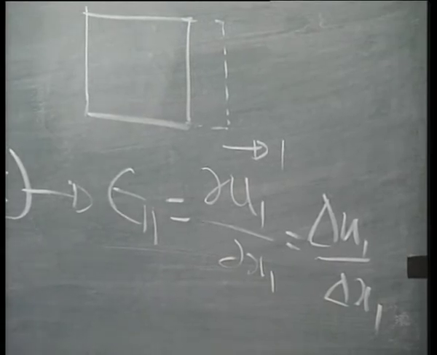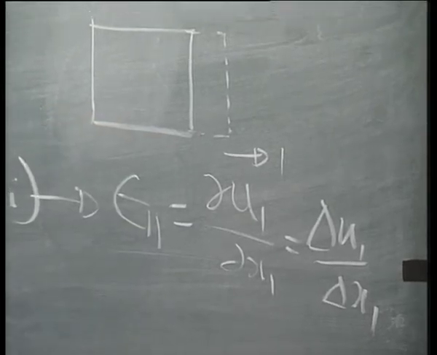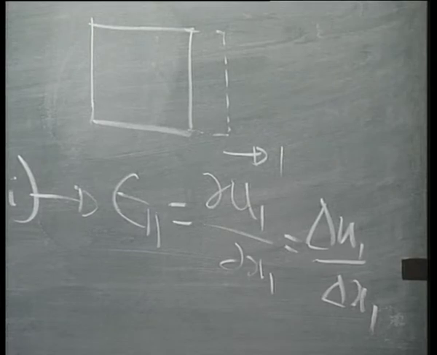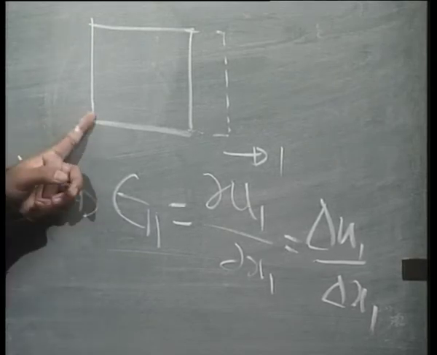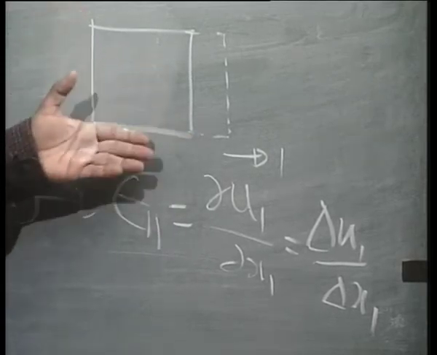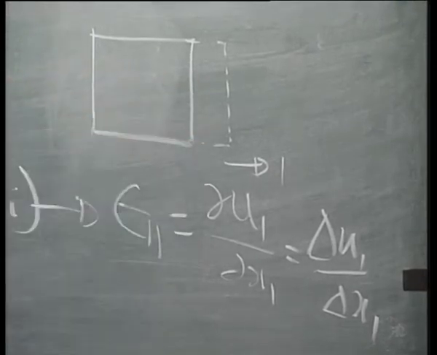What is delta u1? The difference between elongation of say 0.1 and 0.2. This moved by u, this moved by u plus delta u. So I just put it together so that I say this moved by u, where u is equal to 0, and this moved by delta u.